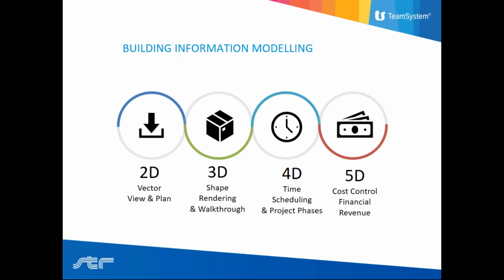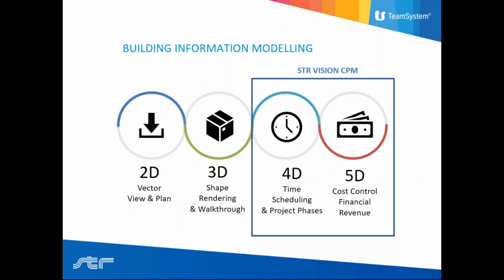So talking about building information modeling, we have the 2D, the phase in which you design the project, then you can create the 3D model, and then you can go through the 4D and the 5D: the 4D for time scheduling and planning, and the 5D for the cost control and the financial revenue. I will also make clear that our software is not just used by companies that model in 3D.